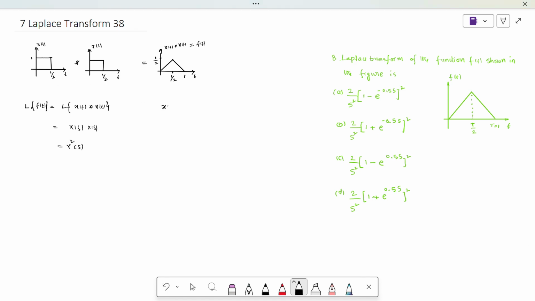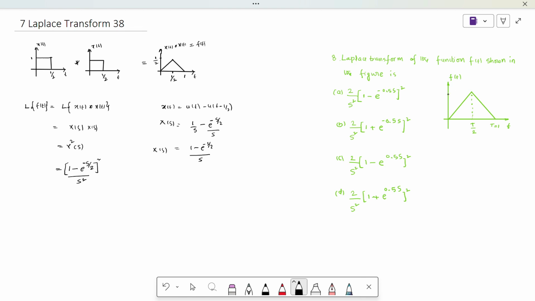Now the x of t signal is nothing but u of t minus u of t minus 1 by 2. So its Laplace transform X of s equals 1 by s minus e power minus s by 2 by s, that is (1 minus e power minus s by 2) by s. So the Laplace transform of f of t is ((1 minus e power minus s by 2) by s) whole square.